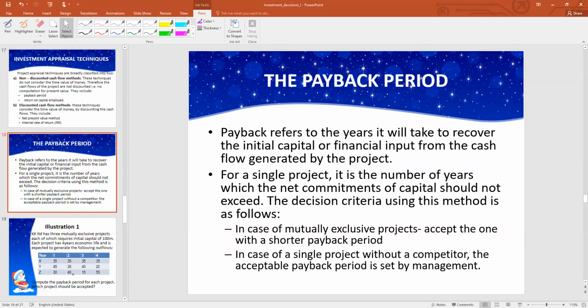So in case you have a project that has a shorter payback period, the more valuable it is to the company. If we have two competing projects, where you have to take either project A or project B, of course you take the one that is going to give you back your money sooner rather than later.